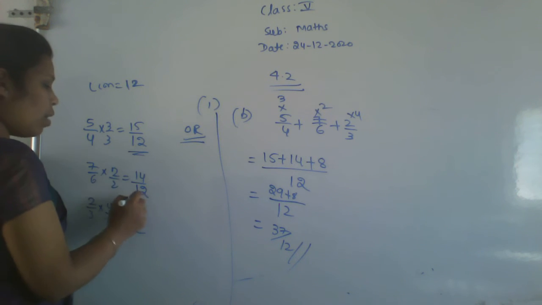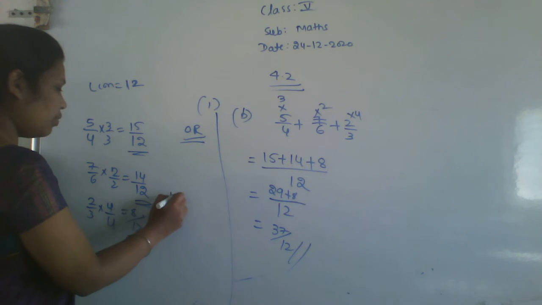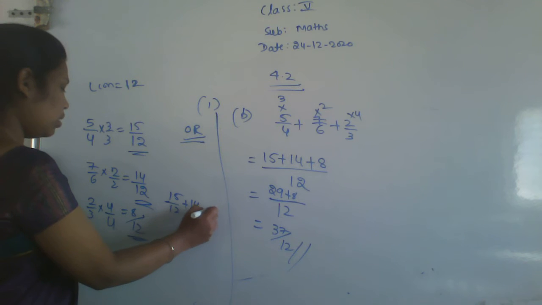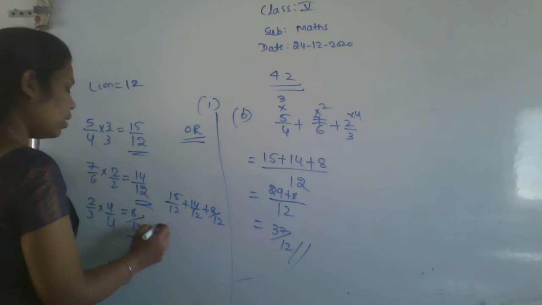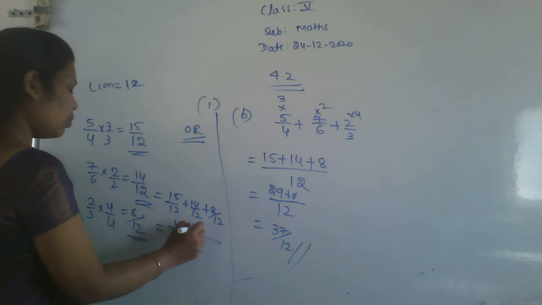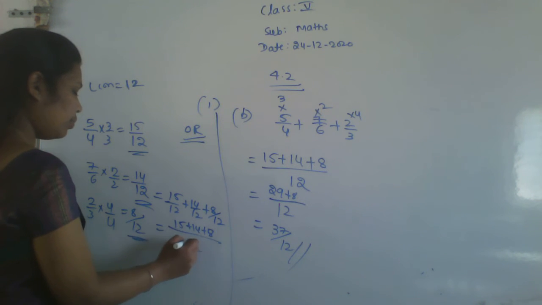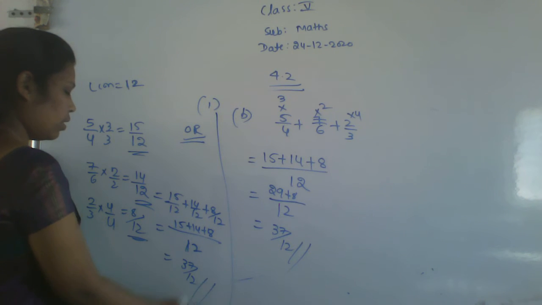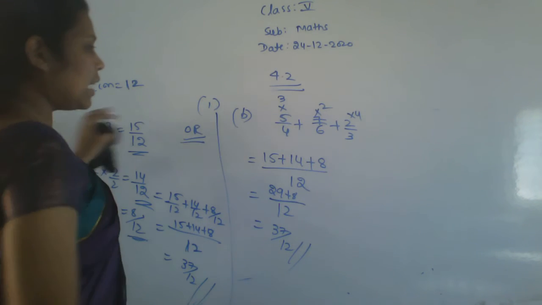Now we have all the denominators the same, that is 15 by 12 plus 14 by 12 plus 8 by 12. So this can be written as 12 here, 15 plus 14 plus 8, that is equal to 37 by 12. Same answer. Here I directly multiplied.